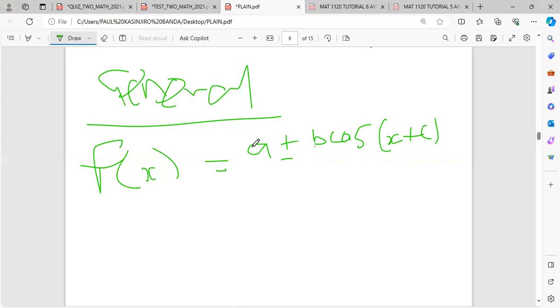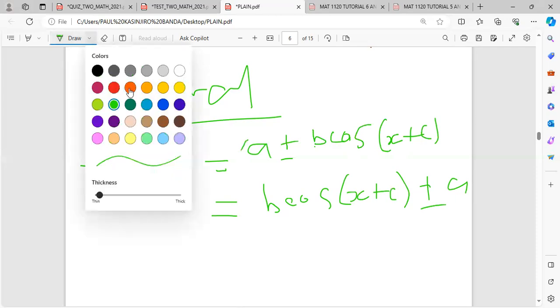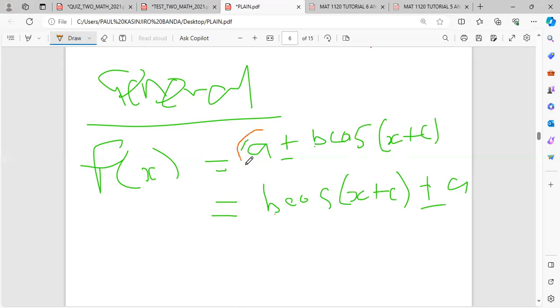So if I have something like this, the number a that is outside there can also be written as this. Sometimes they write it as b cos (x plus c), plus or minus a. Where there's cos here, I can also put a sine. It's just the same. So this a that is outside there simply means vertical shift, the shift in the y axis.